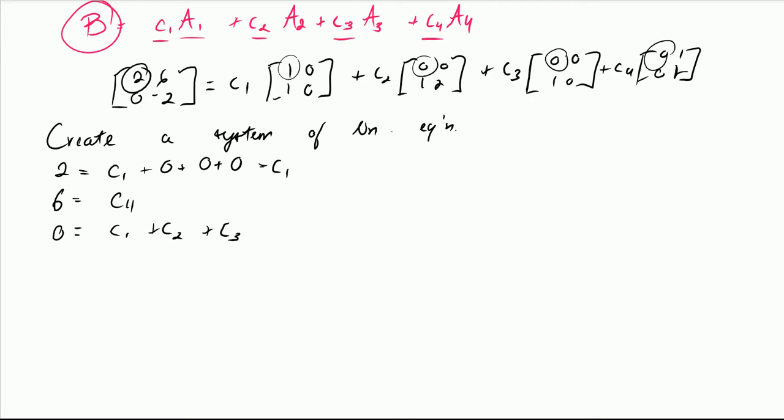And then finally, minus 2 is equal to, oh sorry, that was the wrong entry, 0 plus 2C2 plus 0 plus C4. So this is the system of linear equations I get.